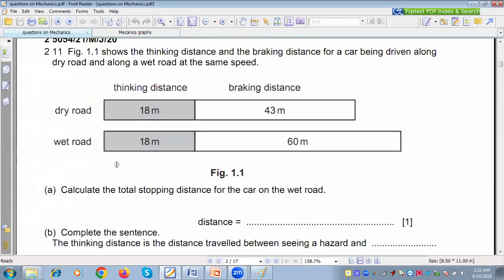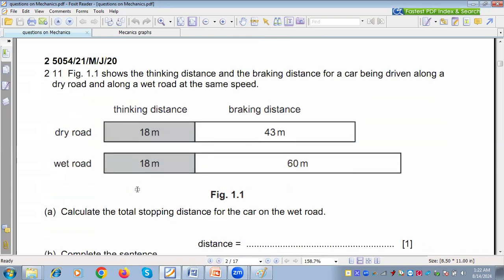This is related to thinking and braking distance. The figure shows thinking distance and the braking distance for a car being driven along a dry road and along a wet road at the same speed. Okay, thinking distance is what?